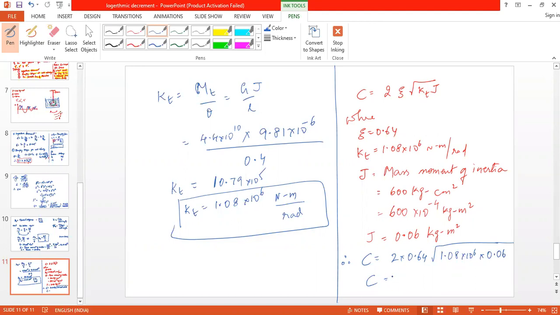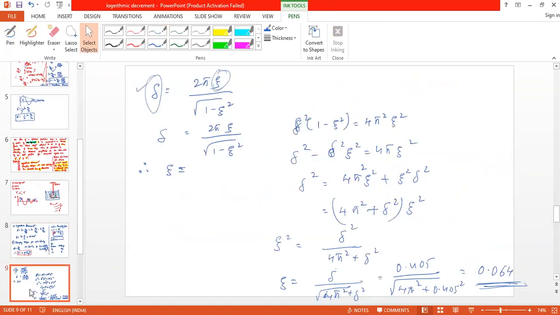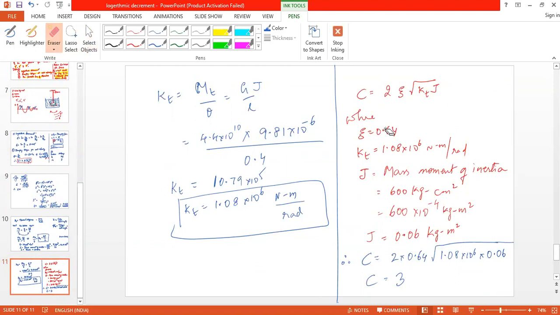325.83. What is the value of zeta? Zeta is 0.064. So it is 32.58.